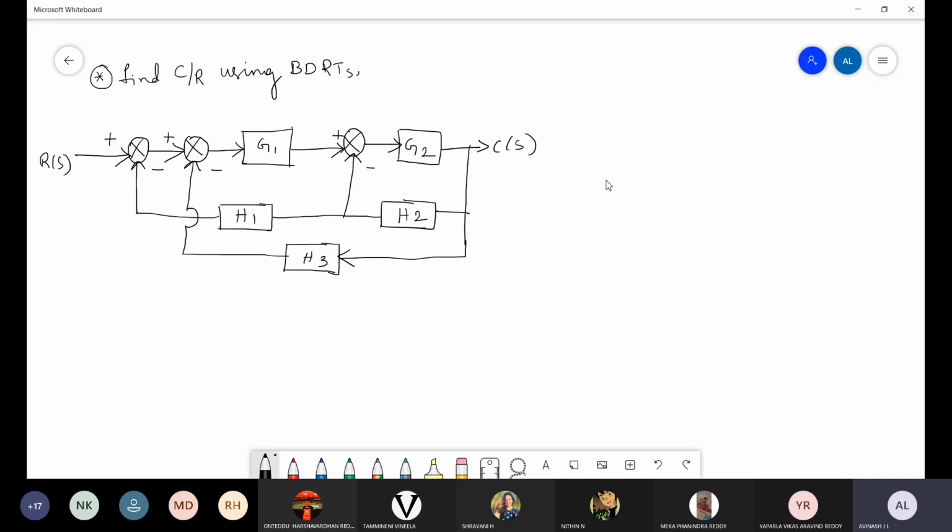Okay. So now, as a general instruction, how will you find the solution? When you're trying to find the solution, the first concept you try is series blocks. Is there any series? No. Is there any parallel blocks?